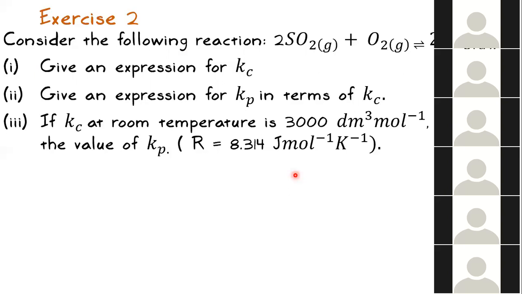So if you look at the units, you have the molar gas constant given to you in joule per mole per Kelvin. If you look at your values here, you have decimeter cube. So decimeter cube or meter cube here doesn't go with joule.